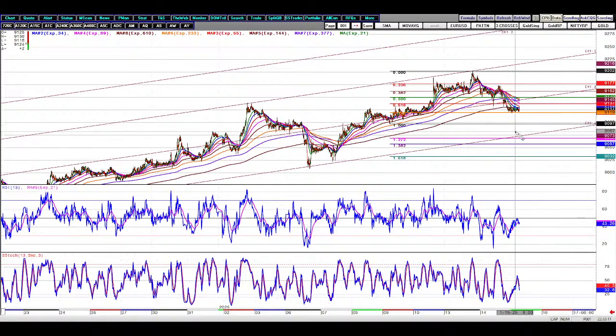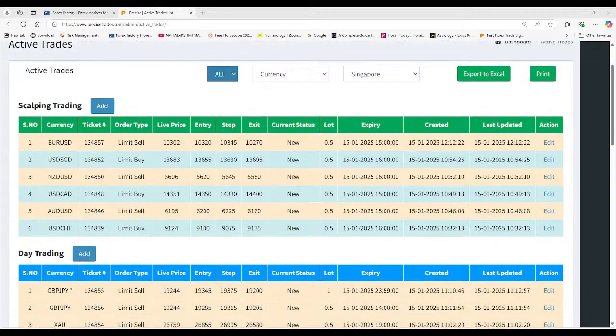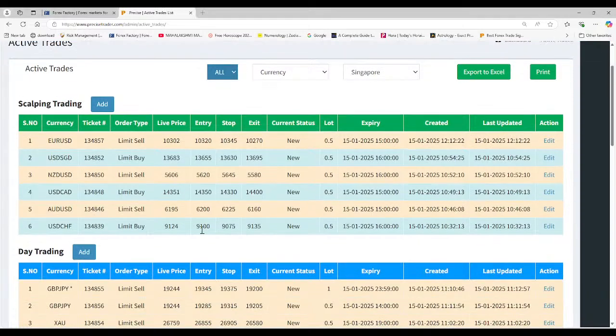Okay, I think I have got all the information needed. So if we are going for a buy, we should be buying near and exiting before 91.45. Let's see. We have given a call to buy at 91, stop at 90.75 and exit at 91.35.